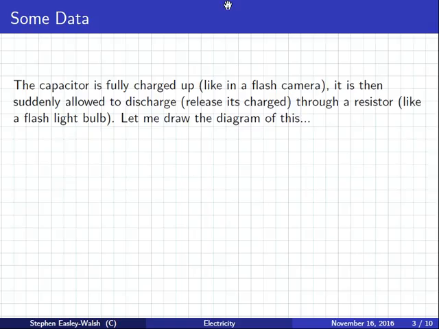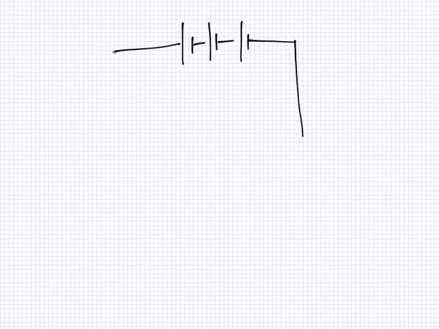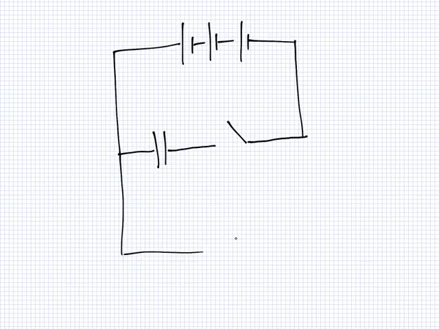So I won't draw that because it's not necessary. But actually, I do need to, sorry. So what we have here is a battery, a cell. Well, let's make it a battery. And then a capacitor, a switch, and then here a light bulb.